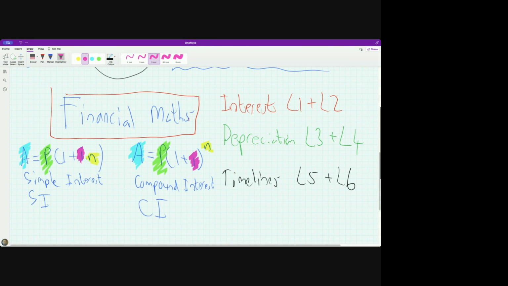But when we talk about interest rate, we need to watch out, a rate has 2 different units. Normally with interest rate, we'll have a percentage like 6% or 5% or 1%, but it's 1% per time period. And that time period could be years, but it could also be months or quarters.